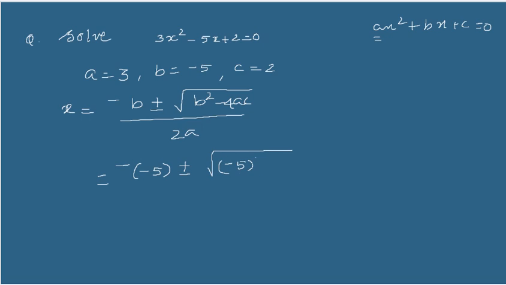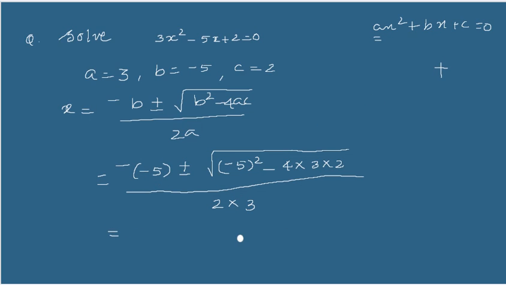Put a bracket: b square minus 4 into a, which is 3, into c, which is 2. So just substitute the values. Remember, this is the whole divided by 2a, that is 2 into 3. What is minus of minus?